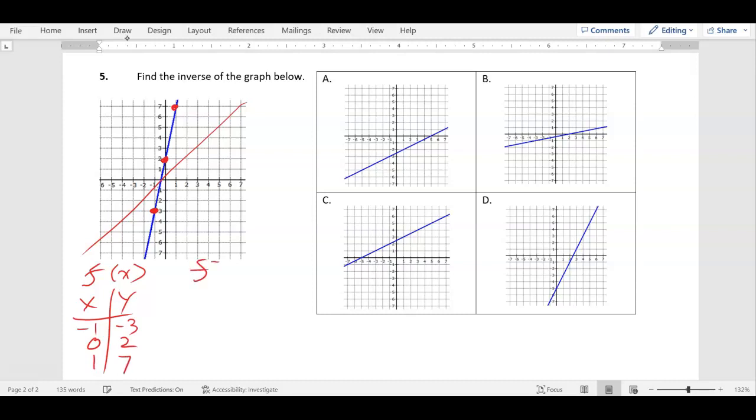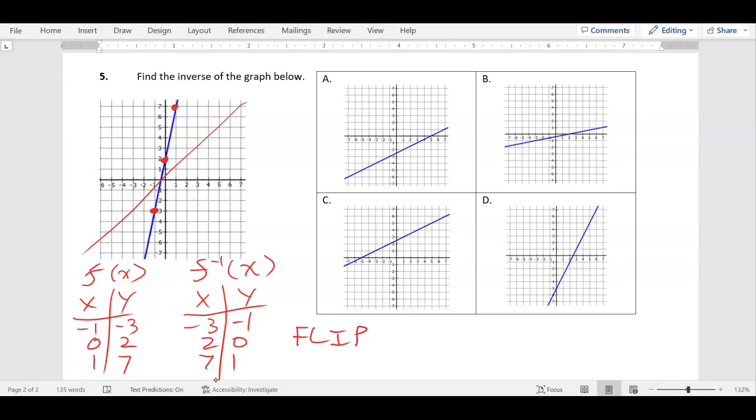So my inverse table, I'm going to take that x and y, I'm going to flip it, flip the table. So -3, -1, 2, 0, 7, 1.